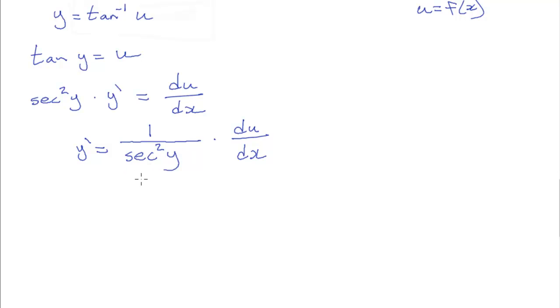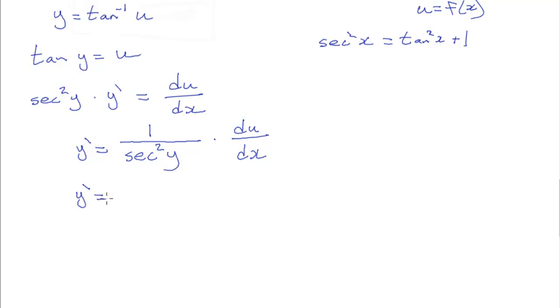Secant squared, well, just like we had the identity sine squared plus cosine squared, we also have the identity secant squared of x is equal to tan squared of x plus 1. Another identity you should be familiar with. So we replace secant squared y using this identity.